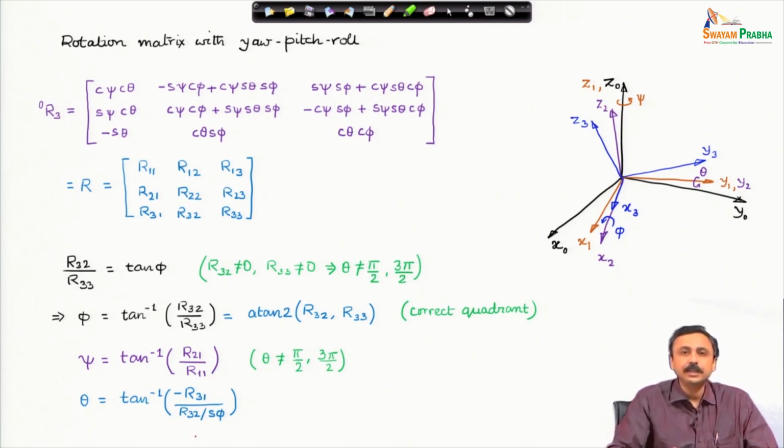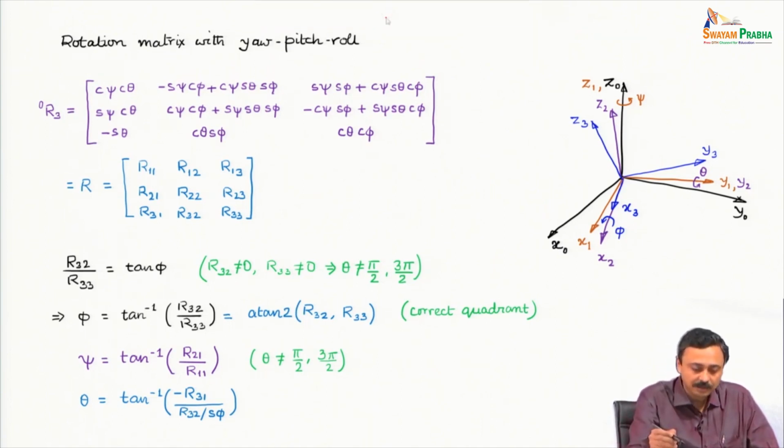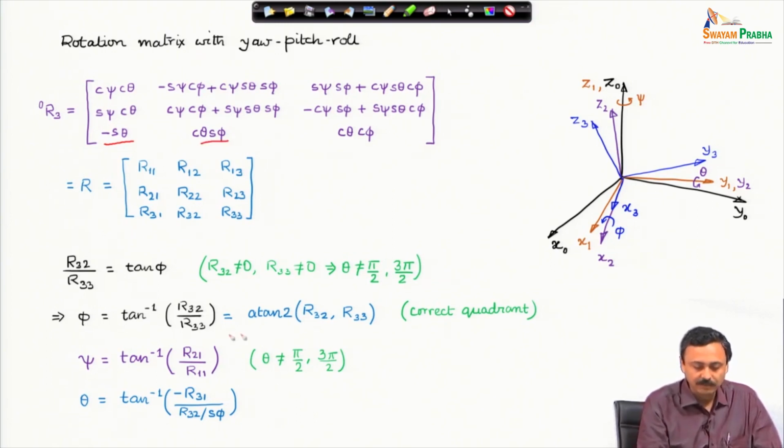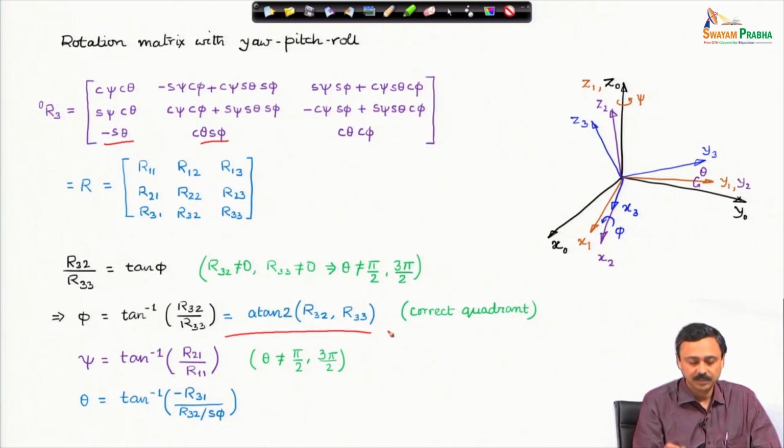Every time I am trying to find out the tangent of a particular angle which I want to solve. This is to be able to use the computer in an automatic fashion to get the correct quadrant. Theta is equal to tan inverse of minus R 31, R 31 is this element, minus R 31 divided by R 32 by sin phi. Now, sin phi has already been determined in the first step, therefore, I can find out theta.